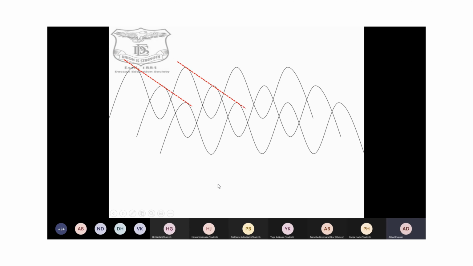Then you are seeing that all the peaks are in the same phase, which means that all the troughs are also in the same phase, because they have the same wavelength. So all peaks and all troughs, basically all points of these waves, are going to be in the same phase.